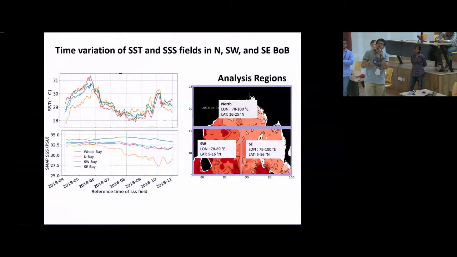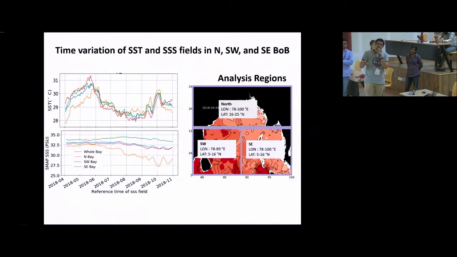You see the time series here, and in the sea surface temperature there is this broad overall variability across the seasons, from April to the end of the monsoon period. The sea surface temperature starts dropping with the picking up of the southwest monsoon winds, and there are small differences between the southeast.